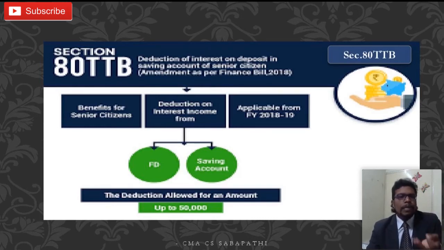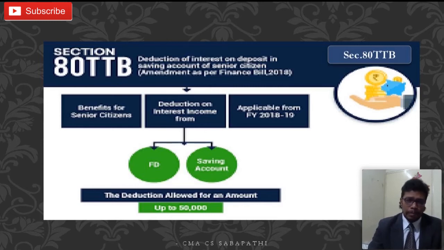In a year, 50,000 rupees you can claim as a deduction under section 80TTB, right? This is a special section. The government has come out with this to give an additional advantage to senior citizens. Whether they have term deposits, fixed deposits or any savings account, the total amount of 50,000 rupees you can deduct from your income, right? It is applicable for only senior citizens.